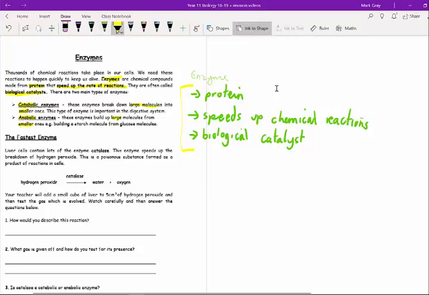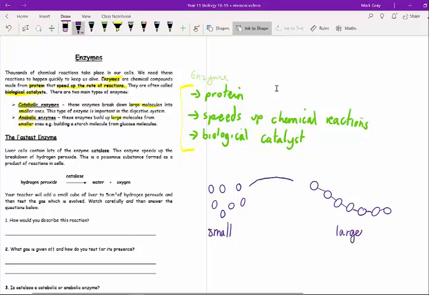So, let's say that these are small individual molecules, and this is one big large molecule. What we can either do is build them up from small molecules into one big large one, or break them down from large ones into small ones.